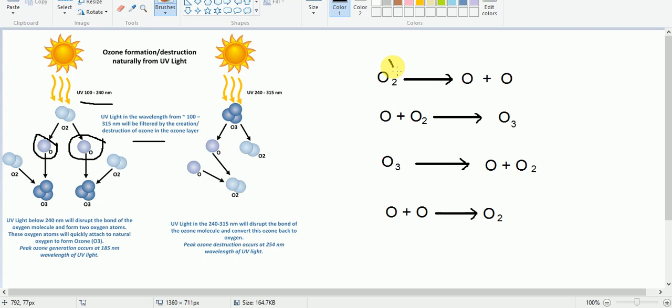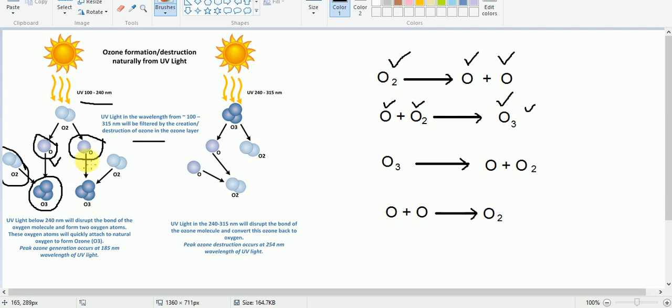O2 will be split into two atomic oxygen in this way, and then another molecular oxygen will combine with one atomic oxygen, and because of that ozone, O3, is formed. See here, this atomic oxygen is combined with one molecular oxygen, and ozone is formed.